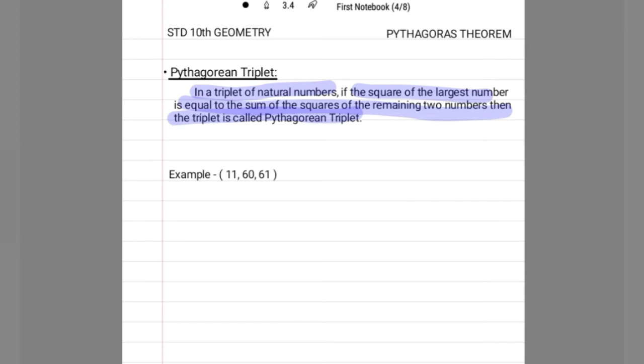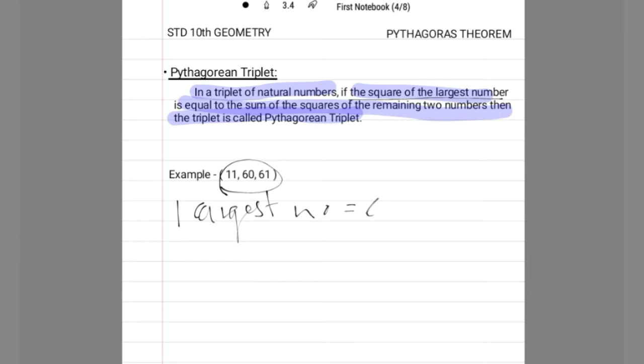So here I have taken one example which we will solve, and you will get to know what it says. So according to them, if we select the largest number here, it is 61 in these three numbers. So the largest number is this one.